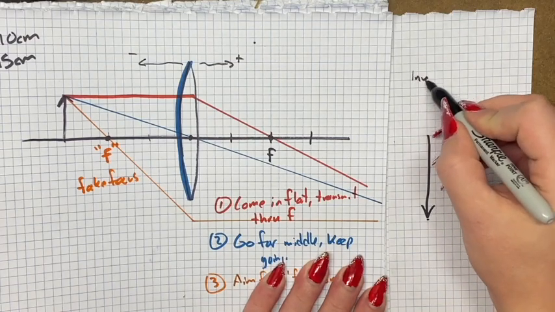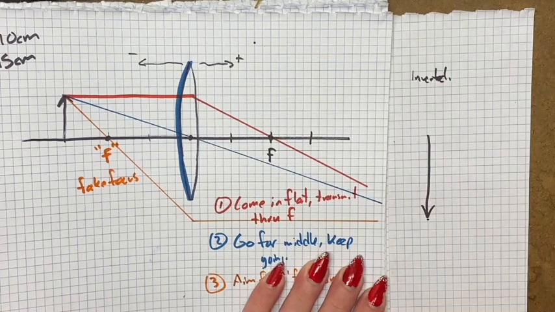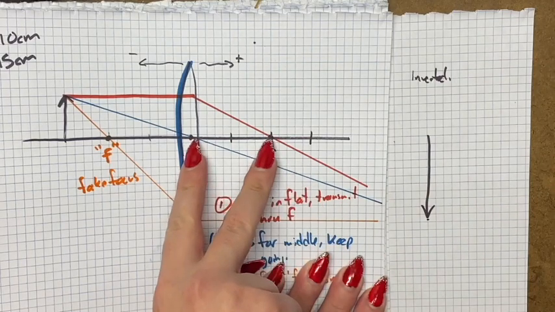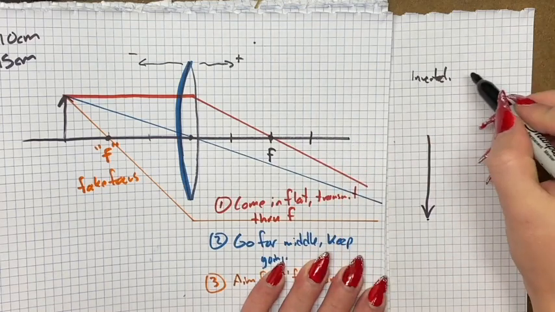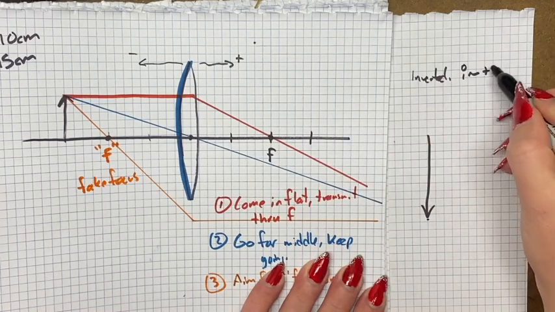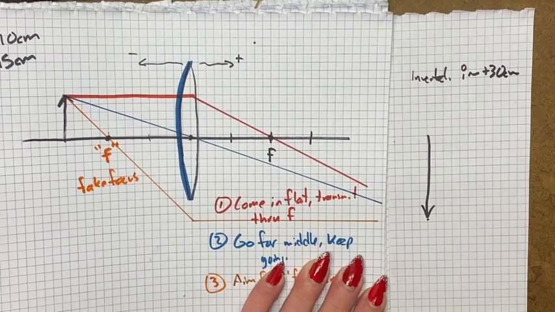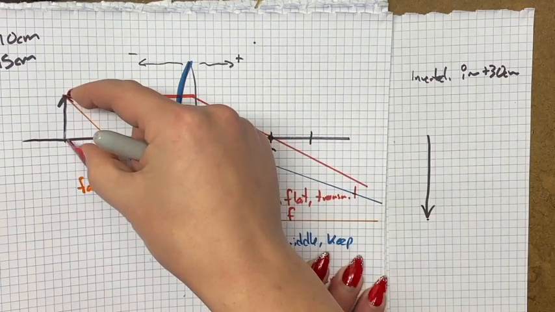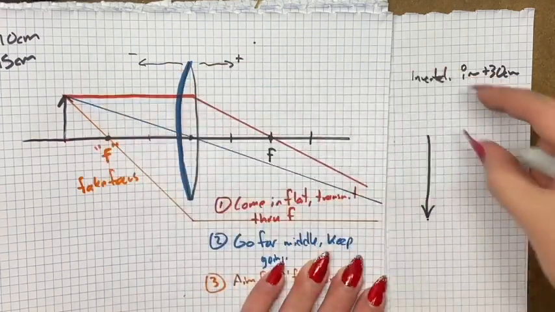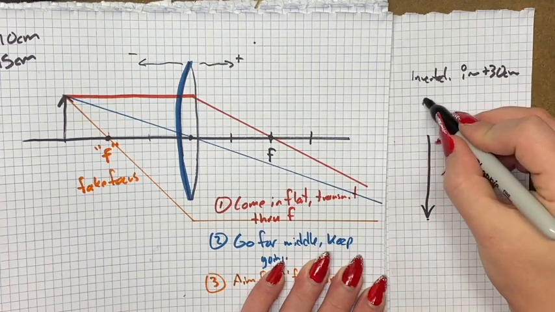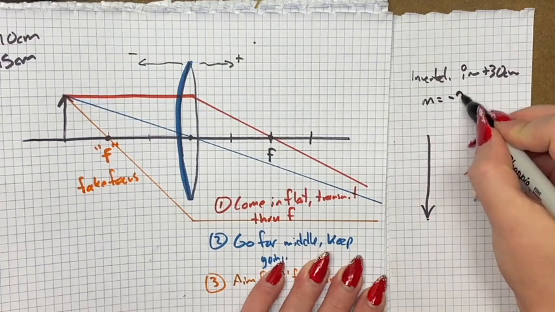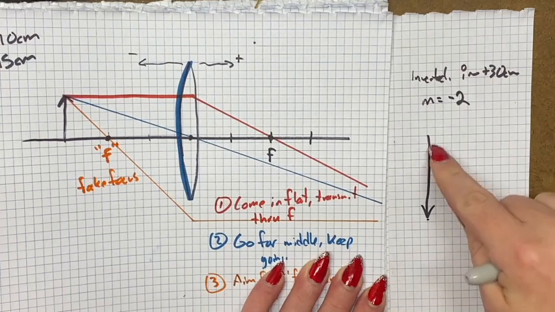It's inverted. We can say it's got an image distance of, about 30. Right, and that's a rough guess, and this is 5 tall, so I think my magnification is about -2, and it's minus because it's upside down.